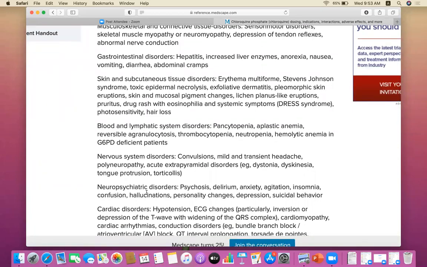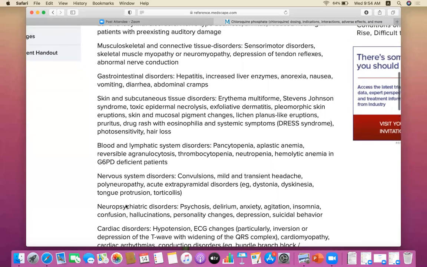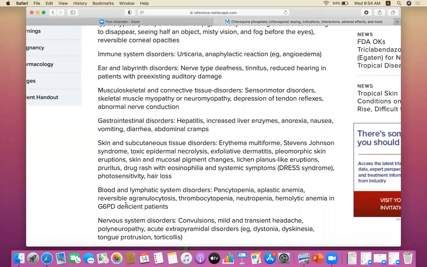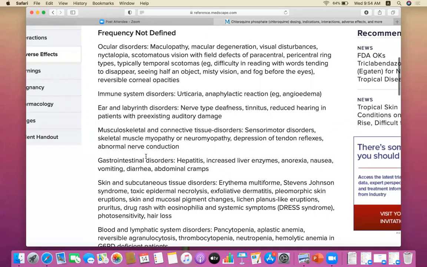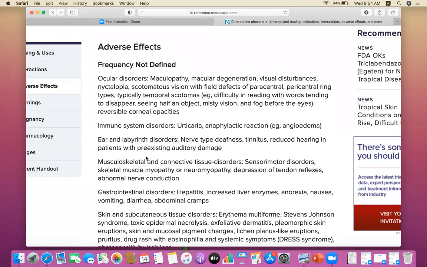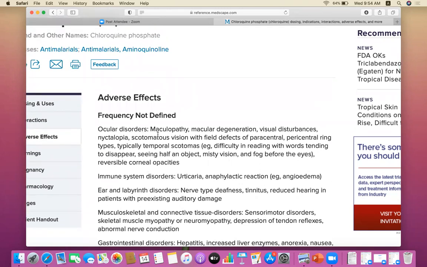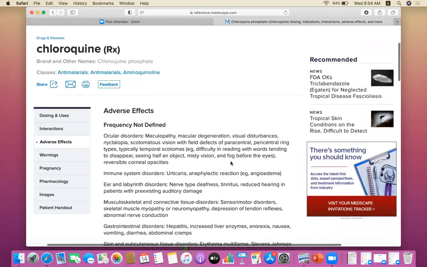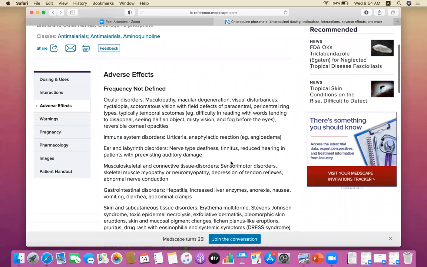Also, the person may have neuropsychiatric disorders: psychosis, delirium, anxiety, agitation, insomnia, confusion, hallucinations, personality changes, depression, suicidal behavior, nervous system disorder, blood and lymphatic system disorder, anemia, thrombocytopenia, skin and subcutaneous tissue disorder, gastrointestinal disorder including hepatitis, musculoskeletal and connective tissue disorders, ear and labyrinth disorder, immune system disorder, and ocular disorder, the most important being ocular maculopathy, macular degeneration, and visual disturbances, so it should be avoided in persons having these problems.